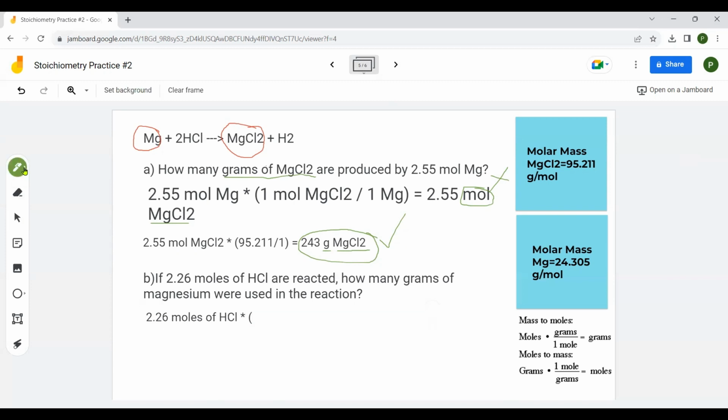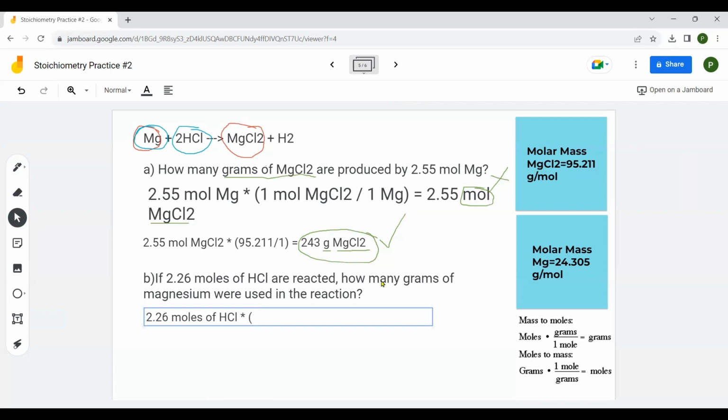So I'm going to grab a different colored pen. We'll do blue. That way we don't get confused. And we'll look at our ratio up in our chemical equation. So we're looking at HCl and magnesium. So our ratio is 1 to 2. And we're going to put our unknown on the top and our known on the bottom.